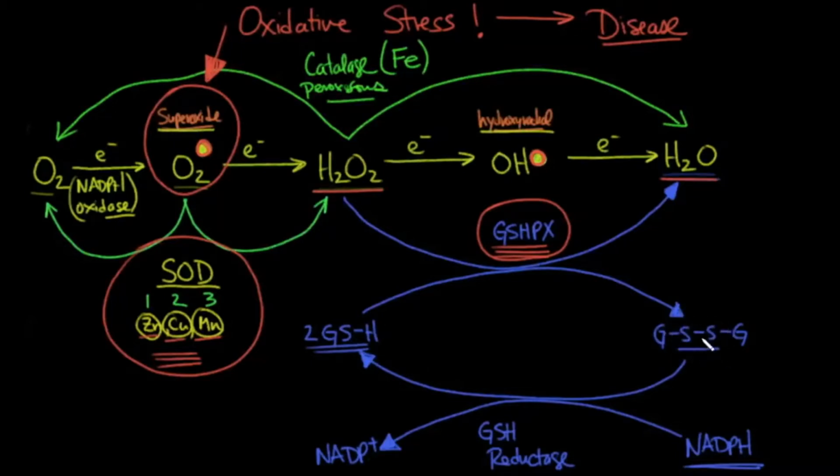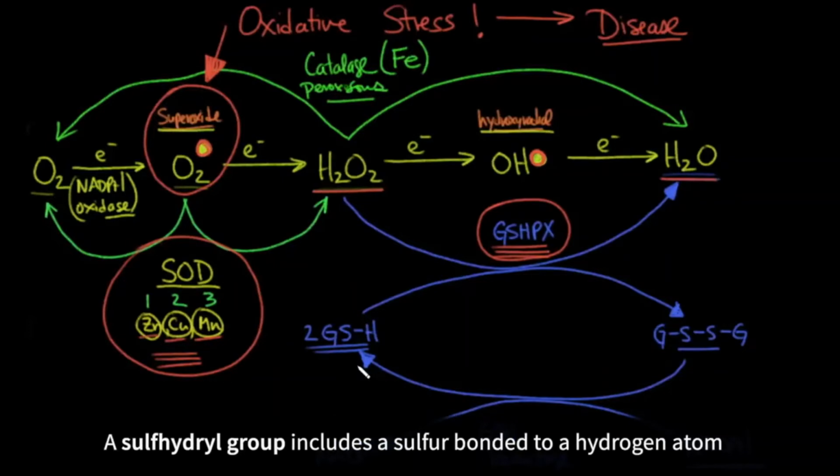That in turn gets regenerated back by taking the reduced form of NADP+, which is NADPH, and converting it into NADP+, through this enzyme called glutathione reductase. So there's other ways of reducing glutathione from its disulfide bond form into its sulfhydryl group.